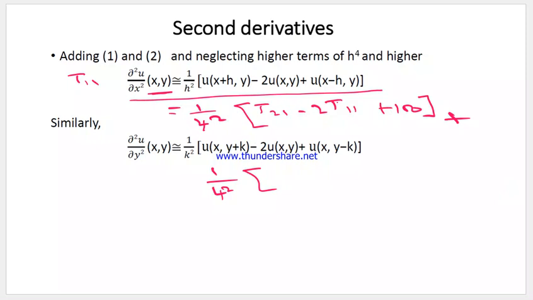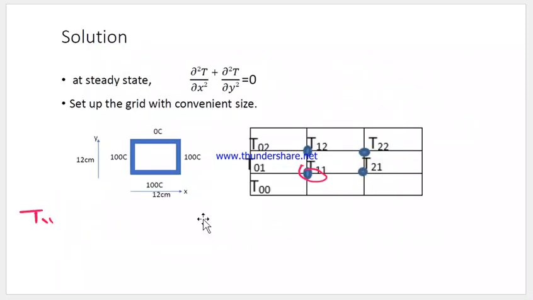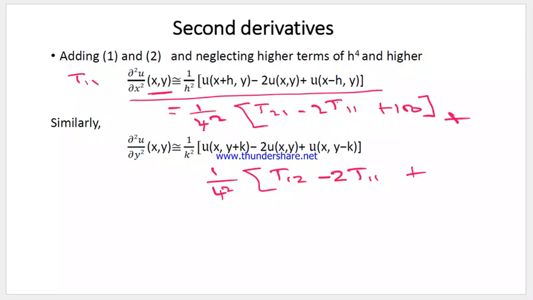So we had that will be T12 minus, what is the next value there? Minus 2uxy, which is still our standing point, 2T11 plus u at y minus k. We come down now. When we come down, what do we get? When we come down from T11 down here, that will be at the boundary, which is 100, which is kept at 100 here. So we had plus 100 here.